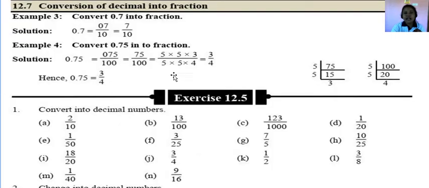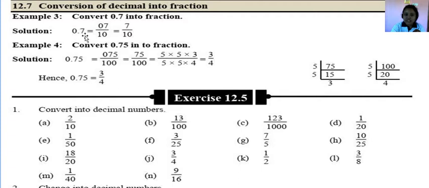Now another topic is conversion of decimal into fraction. This is just the opposite of the process we have done. Here is an easy, quick process. Whenever there is 0.7, only one number is there after the decimal.